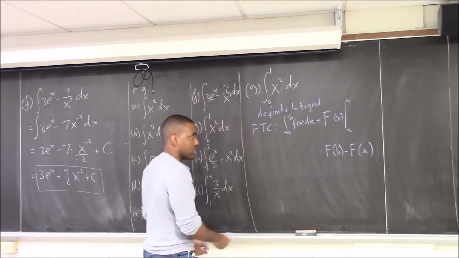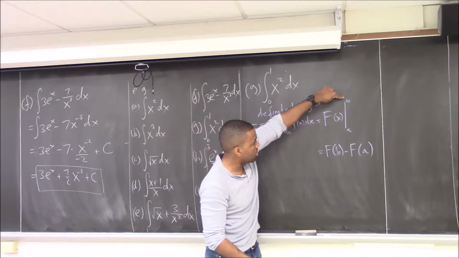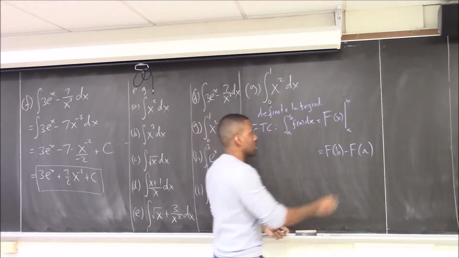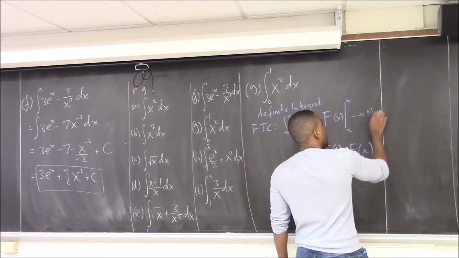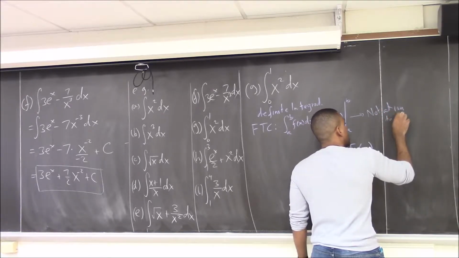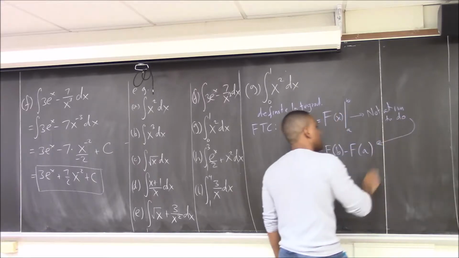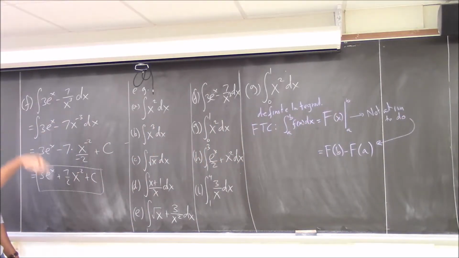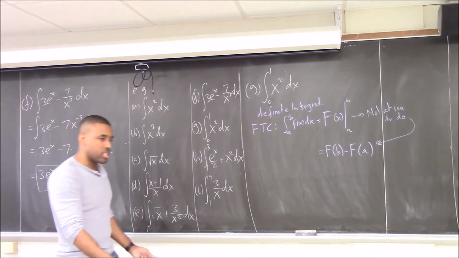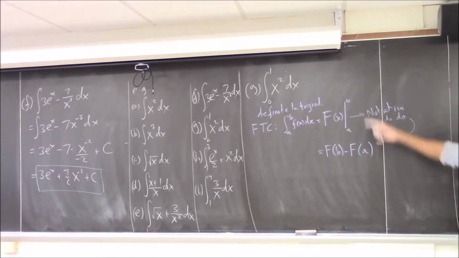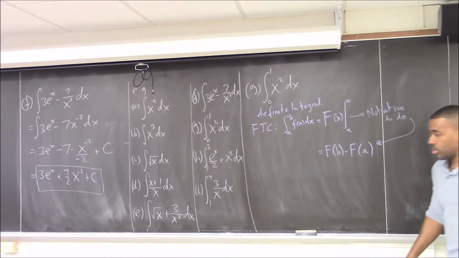That signals to you that you take the top number, plug this in, then you take the bottom number, plug that in. So you don't put a plus c, you put a bar and you put the numbers on the bar. That signals that I'm not finding an indefinite integral, I'm finding a definite integral evaluated at these endpoints.